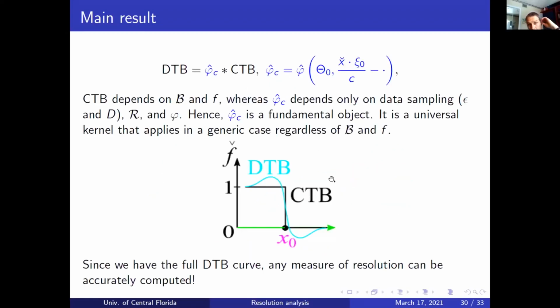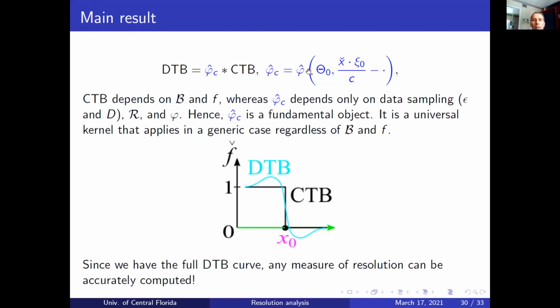So, to recap, the result says that the discrete transition behavior, what you get from discrete data, is what you get from continuous data convolved with a certain kernel, which is a rescaled version of the classical Radon transform.